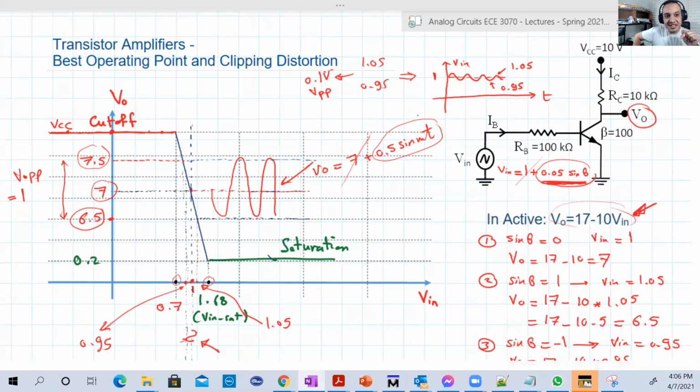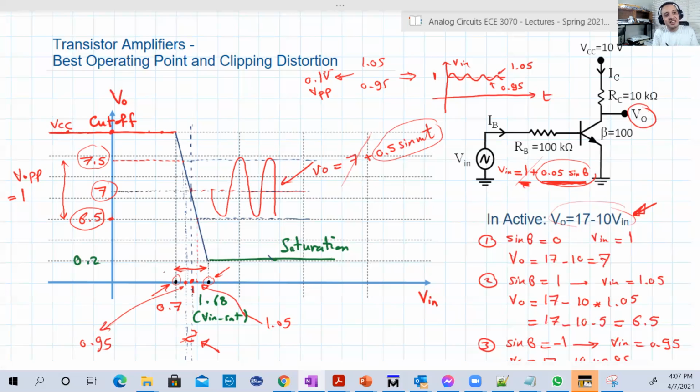And this happens in the active region. But how could we do that in the first place? We could do that by having a DC portion in the input that keeps us between 0.7 and 1.65, in this region, in between here. That's why it's a DC, and there is a superimposed signal, which is the AC signal, basically the original signal that we want to amplify.